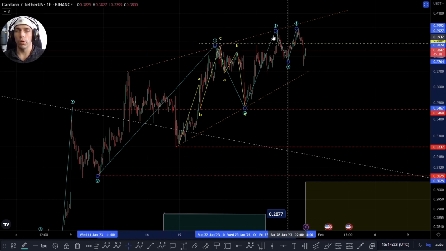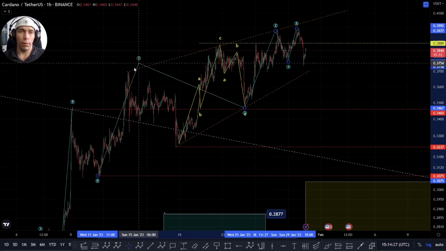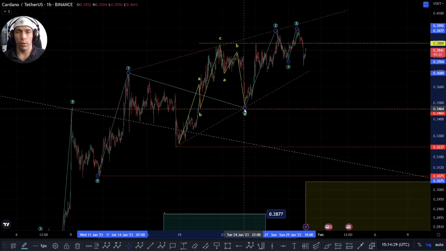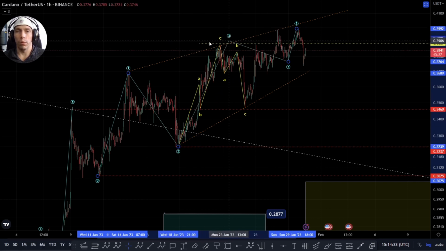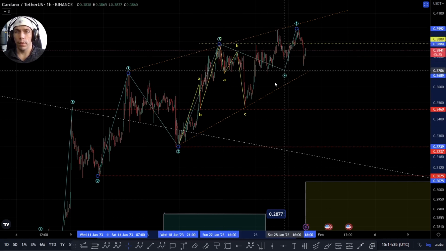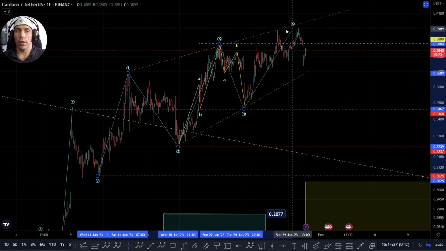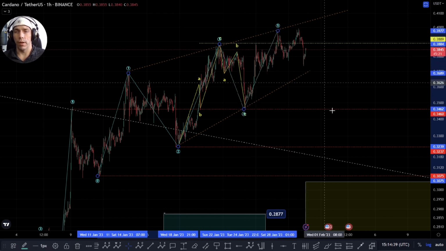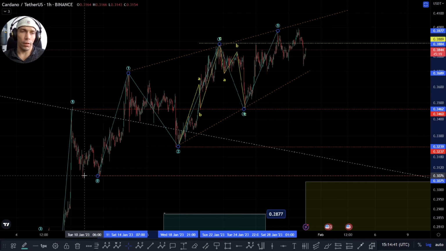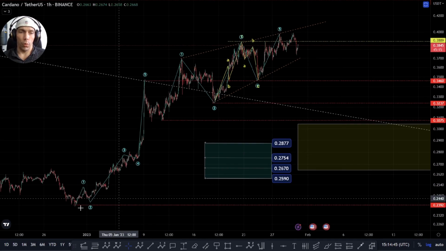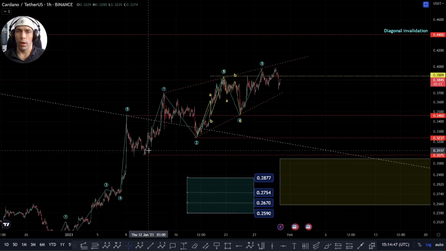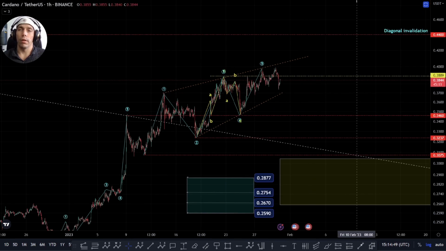So this would just be a bigger diagonal here than we were anticipating. I was looking for it to complete here, which for the most part it still could do that if we leave this where it was and we look at this as a corrective structure here rather than a 5-wave move like we were. Effectively, we could have actually completed here, and we could be making a bigger flat correction here, which could then either tell us that what we have is a scenario where this is a 1, 2, and this is a 1, 2, and then we're actually going to look to break up.